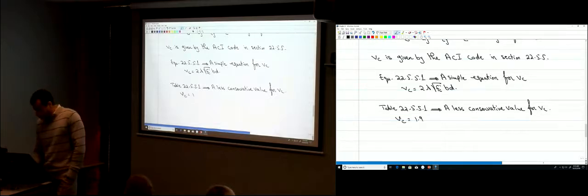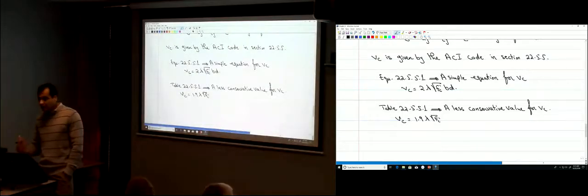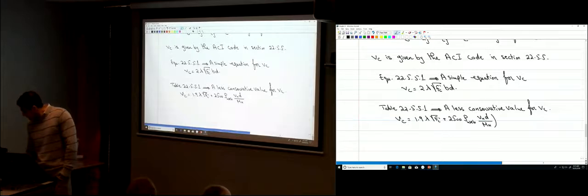It's harder to implement, but it will give you a larger value for VC. So you're getting a larger strength, okay? Rho w, okay? Vu d divided by Mu, multiplied by b d.